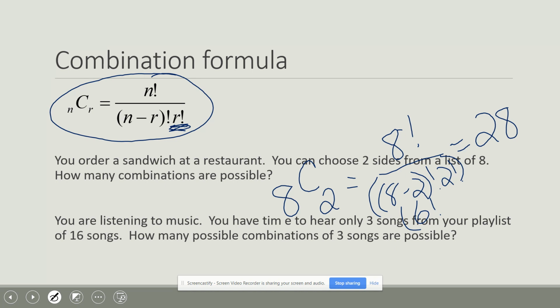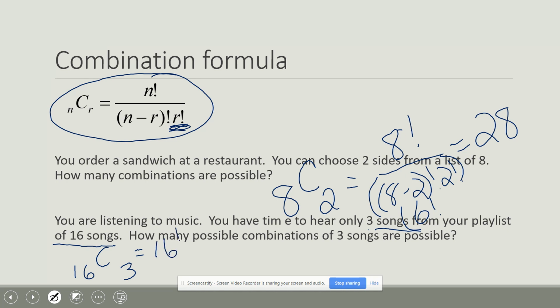You're listening to music. You have time to hear only 3 songs from your playlist of 16 songs. So I have 16 to pick from, and I'm going to hear 3. Now again, it doesn't matter what order I hear those 3 songs in. I just want to hear those 3 songs.